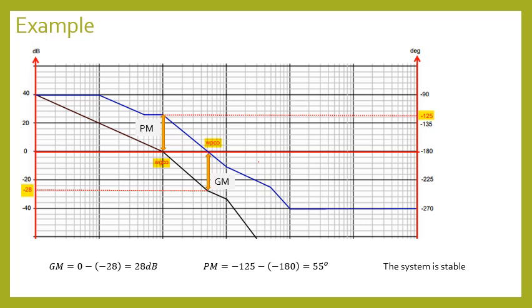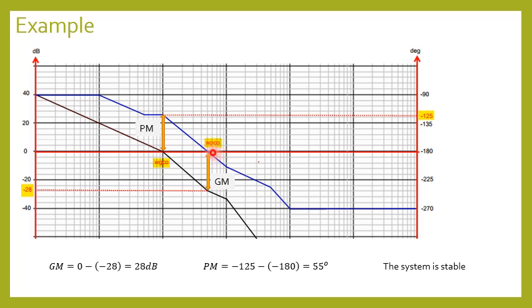To determine the gain margin value, let us look at the phase plot. The blue line is the phase plot. So here the phase plot crosses the minus 180 degree line. So this will be your omega PCO or omega GM.